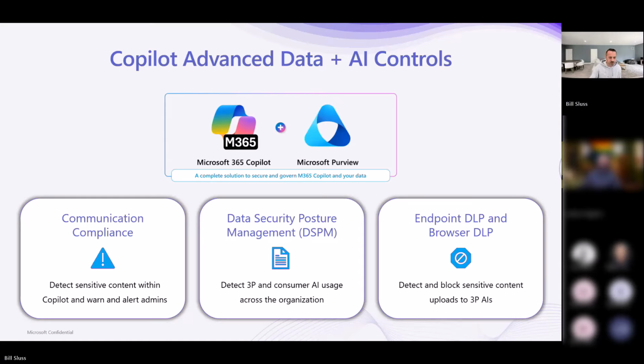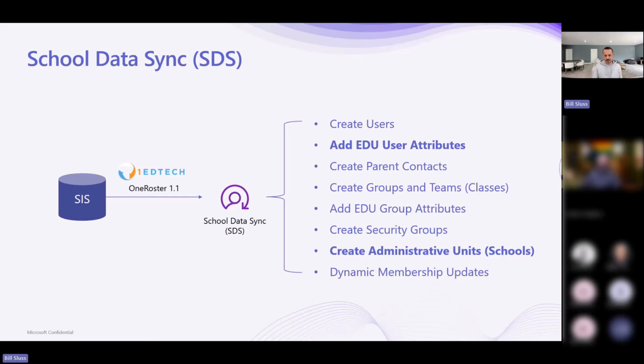So with that, I mentioned School Data Sync earlier. In the context of Copilot management, one thing that School Data Sync does is we create administrative units. Until this point, it's been mostly thought of as enabling delegated administration, where you enable an administrator with certain permissions for a select portion of your broader directory.